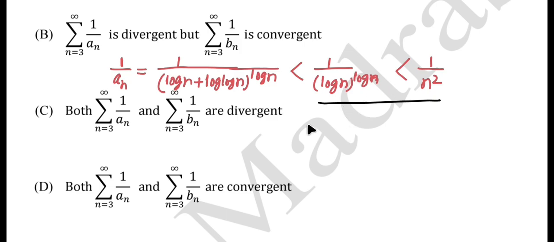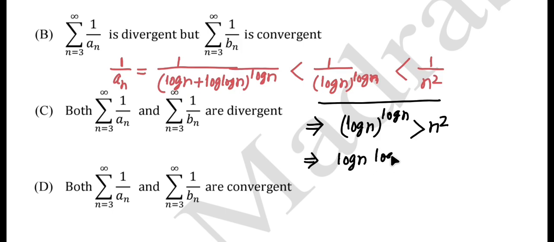So this implies that log n to the power log n must be greater than n square, and now we take log on both sides, then this will be log n times log n, and here will be 2 log n.